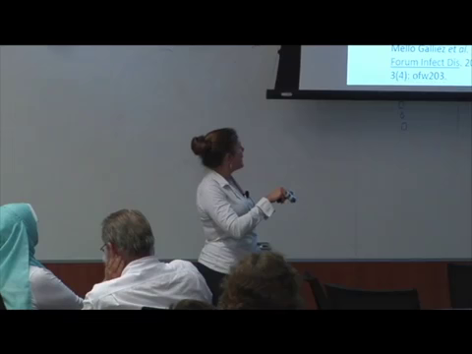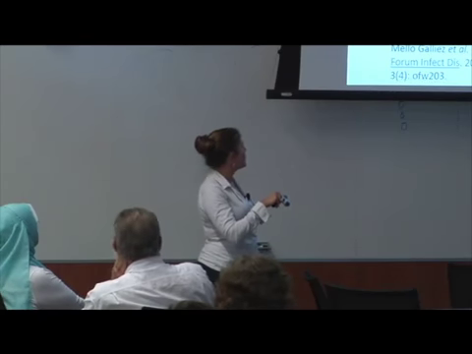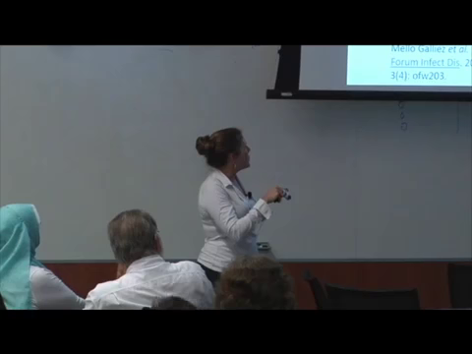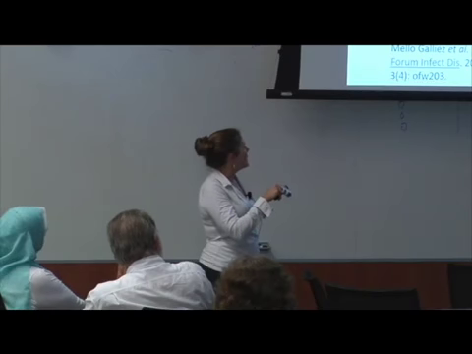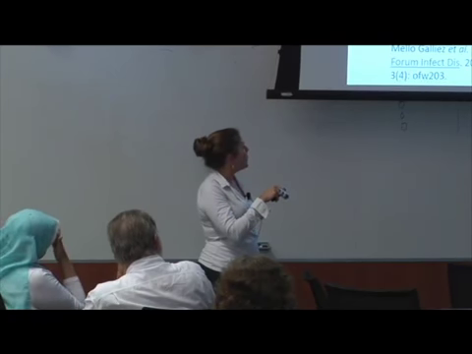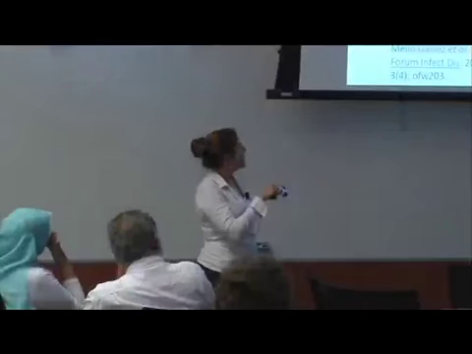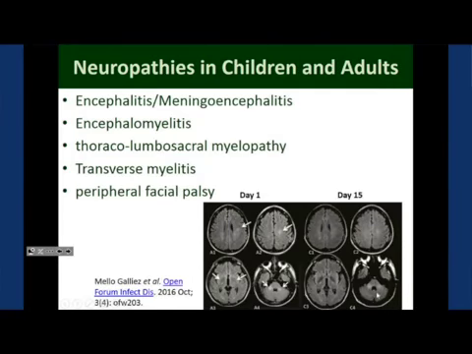I put up this series of images from a case report from last October. This is a patient who came in on day 1, a female patient, and you can see she's got a nice lesion right here. On day 15, she was clinically normal. She had no fever.